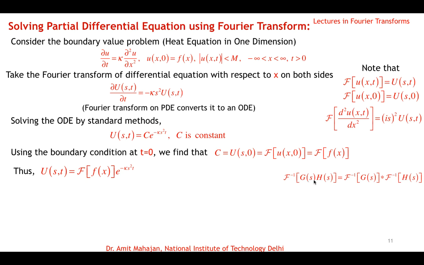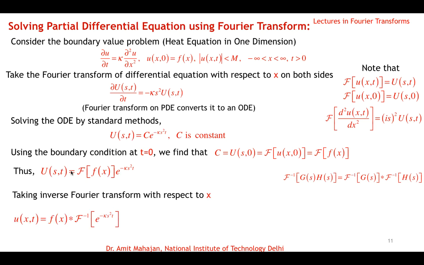So the Fourier inverse of a product of two functions is the convolution of the Fourier inverses of the individual functions, so we can apply that on the right hand side. If I take the Fourier inverse on both sides, then U(s,t) becomes u(x,t), and the Fourier inverse of the product will be the Fourier inverse of the first, and the Fourier inverse of the Fourier transform of f(x) becomes f(x) itself, convolved with the Fourier inverse of the exponential function.